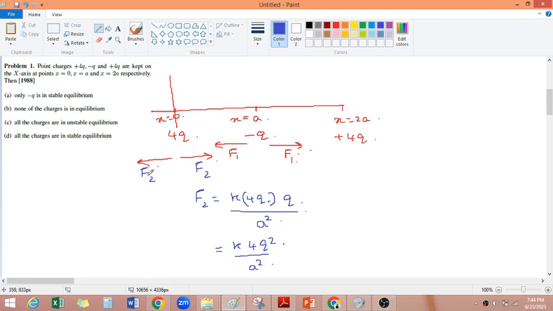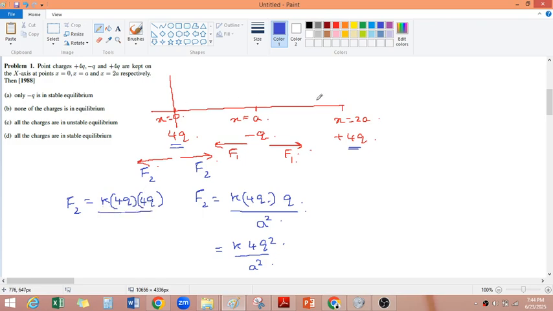Now let's calculate. I calculated for this one first. Now I have to calculate between this point and this point. This 4Q and this 4Q means it will be repulsion. I don't know if F2 is equal, but let's try that. So K into Q1 into Q2, 4Q into 4Q divided by R squared.